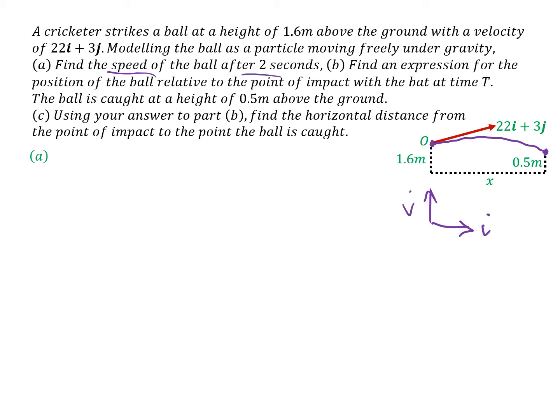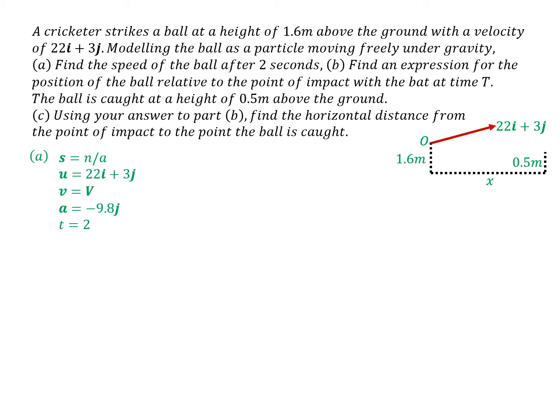So this is a particle which is moving freely under gravity, so we can use suvat. So the displacement we're not interested in for part A. We've got the initial velocity, again taking the origin as the point at which the ball is struck.